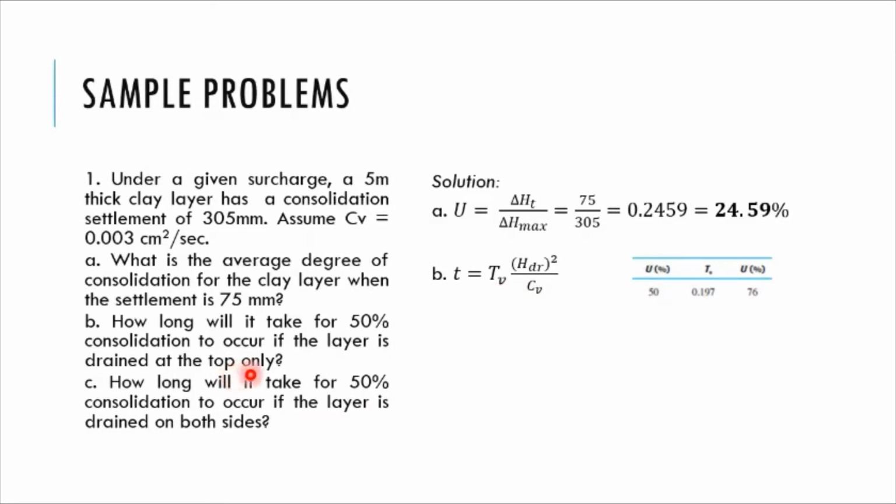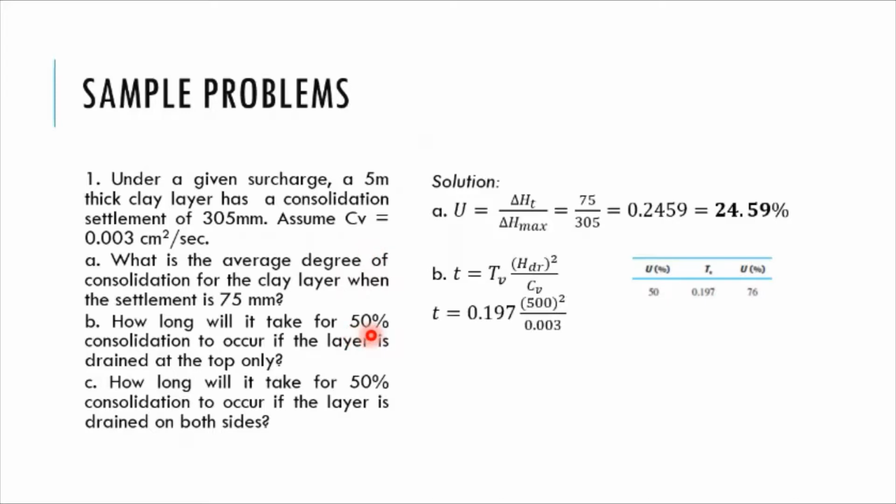Hdr is drained at the top only, so it will be one-way drainage. And Hdr, if one-way drainage, is the whole thickness of the clay layer, which is 5 meters. And Cv is given.